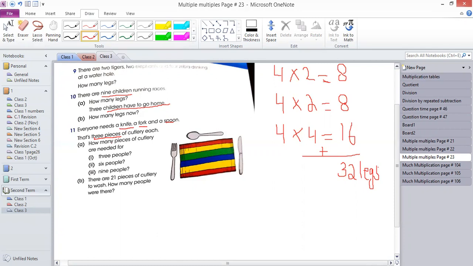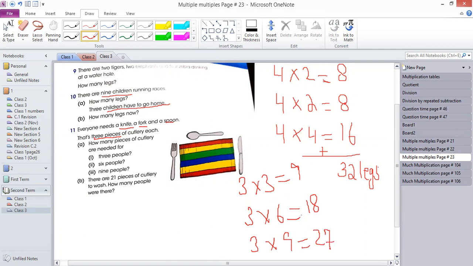So if 1 person needs 3 pieces of cutlery, 3 people will need 3 multiplied by 3, which is 9. 6 people need 3 multiplied by 6, which is 18 pieces of cutlery. And 3 multiplied by 9, 9 people need 27 pieces of cutlery. This is how you will solve. 3 people, 9 pieces of cutlery, 6 people, 18 pieces of cutlery, and 9 people, 27 pieces of cutlery.